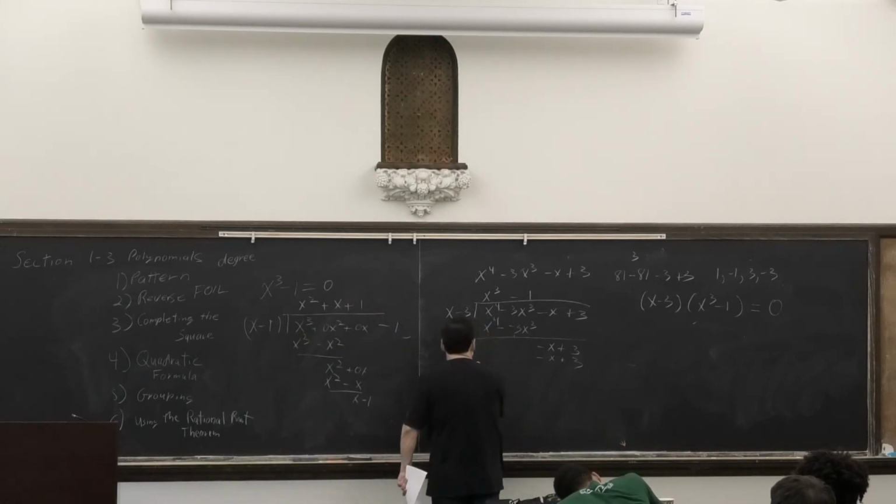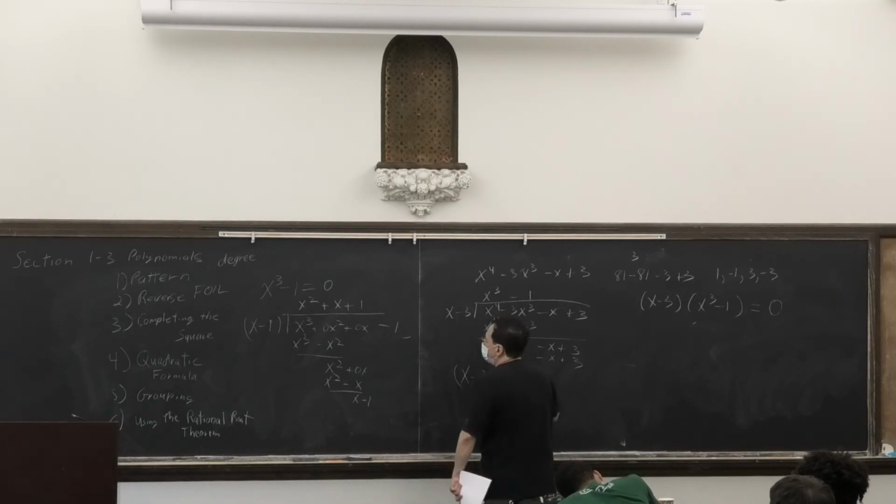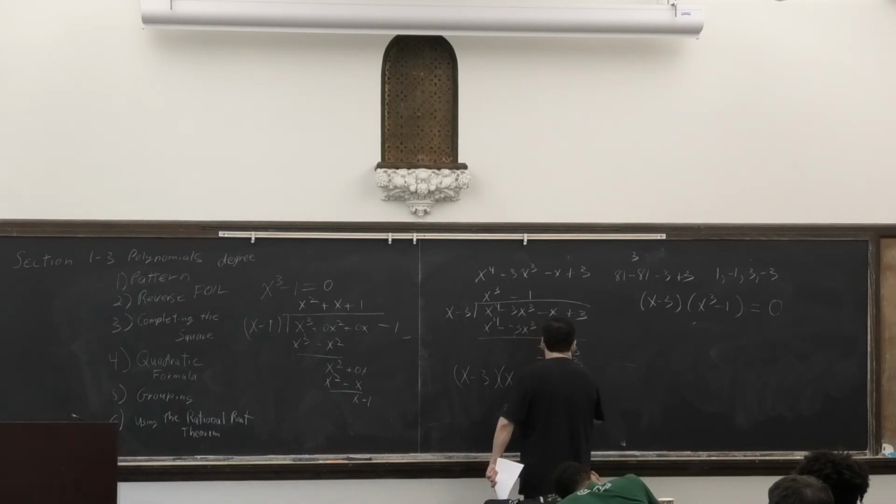So my factors are x minus 3, x minus 1, and now x squared plus x plus 1.